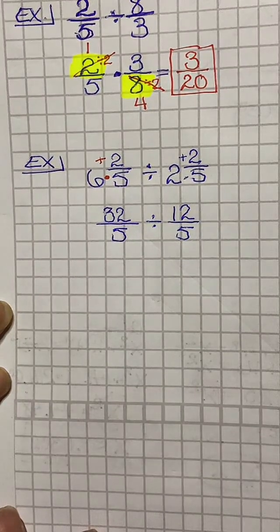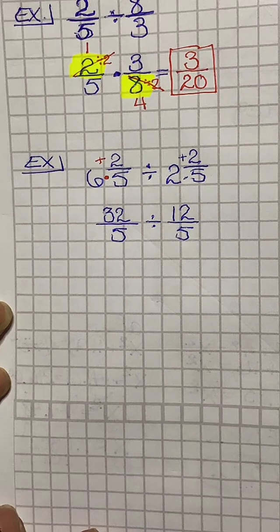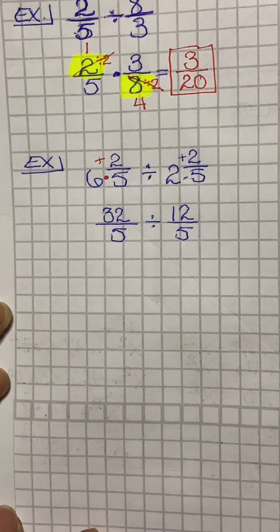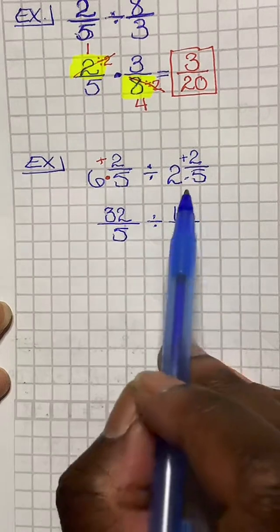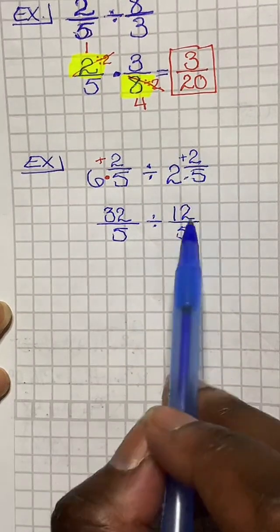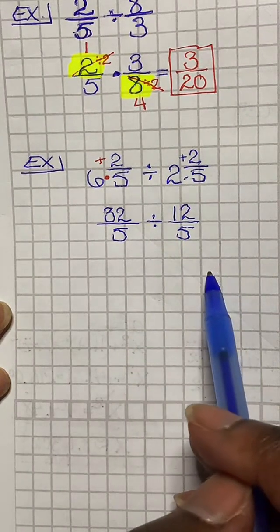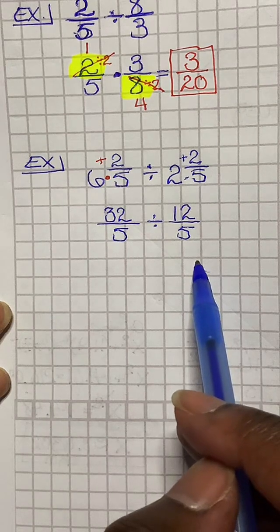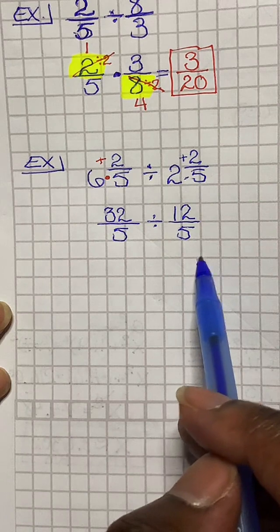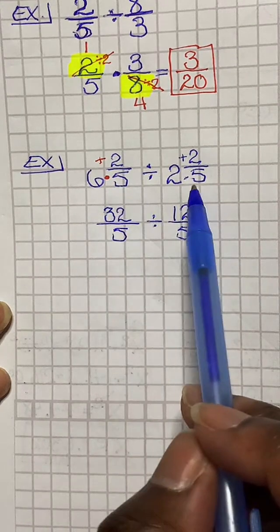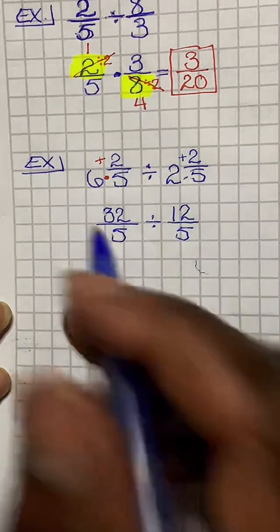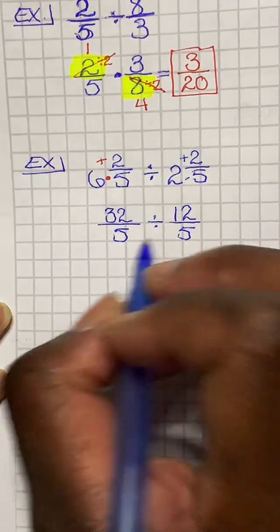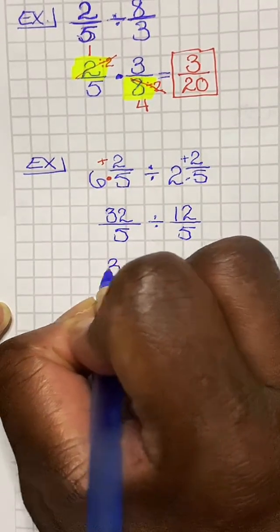How would you flip it if it's not improper? Well, if it wasn't improper, we couldn't keep it as a mixed number. You have to make it improper in order for it to flip. So I make them improper fractions, and then I do my keep, change, flip.